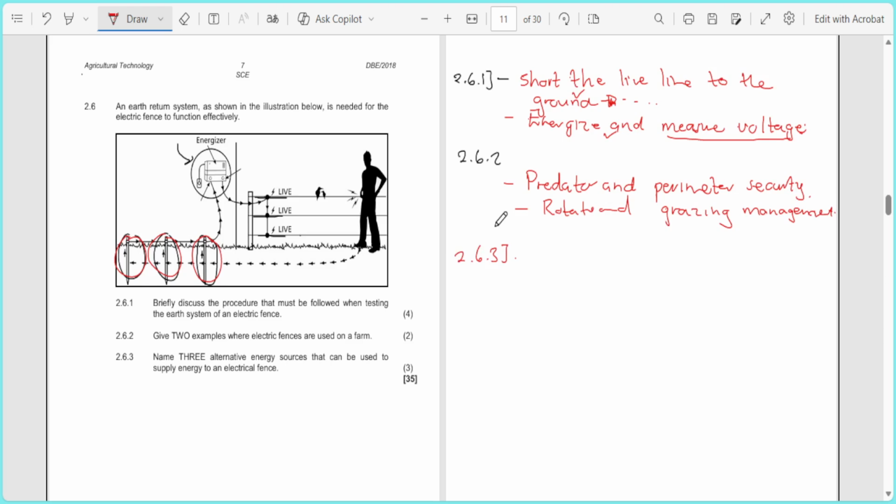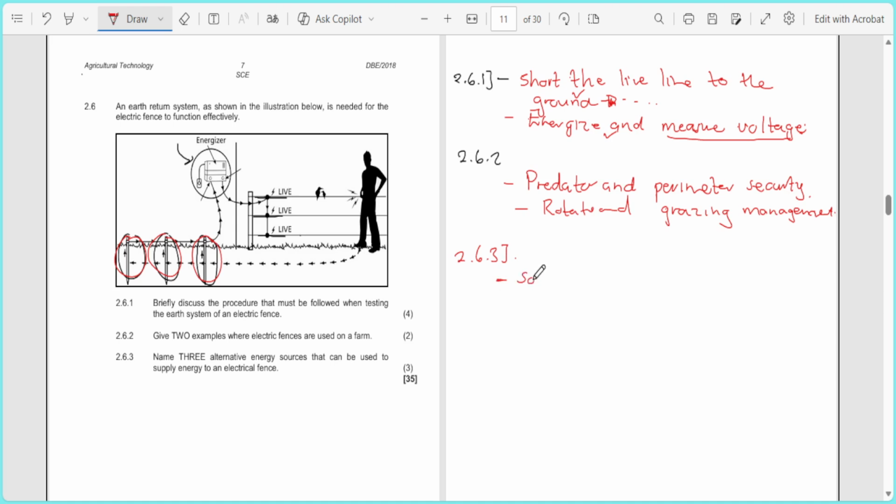2.6.3: name three alternative energy sources that can be used to supply energy to an electric fence. Another textbook question here, right? There are quite a few options, but they are asking for three.